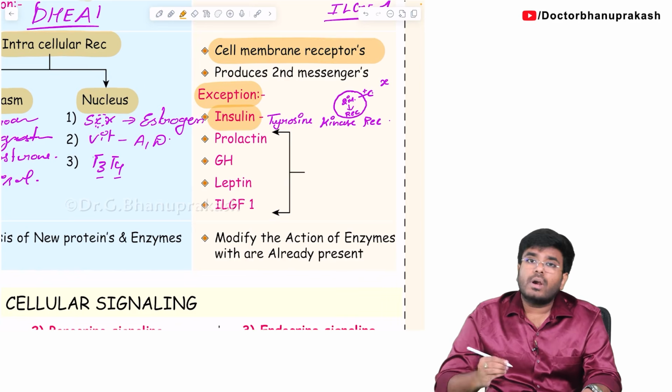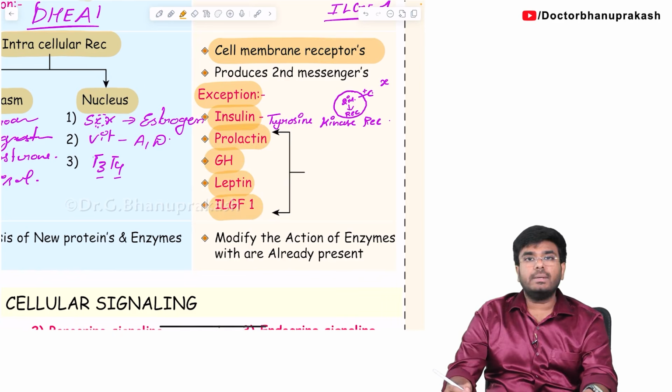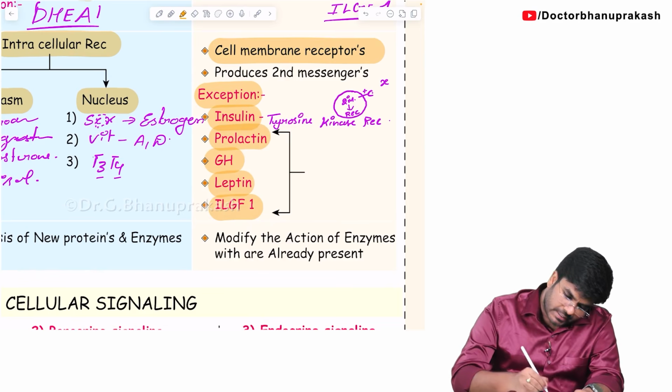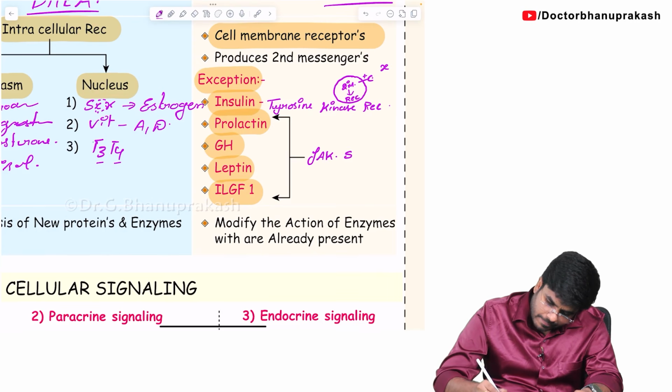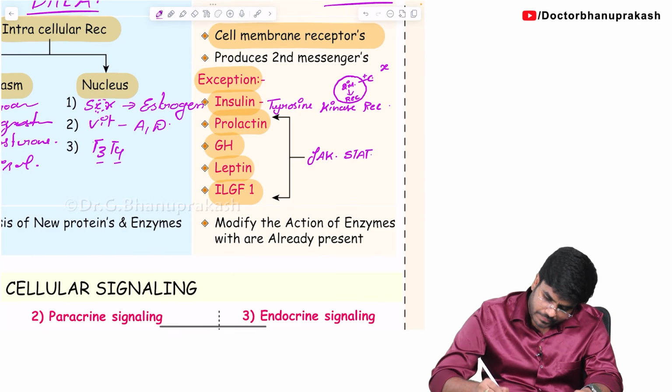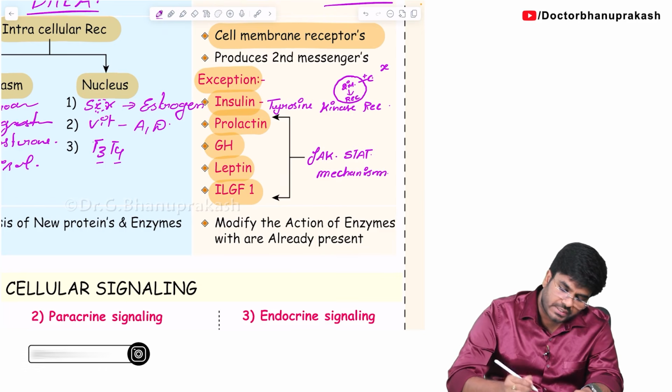And a few more water soluble hormones like growth hormone, prolactin, leptin, insulin like growth factor 1, okay, they are all acting via the JAK-STAT mechanism. Which hormones use the JAK-STAT pathway?